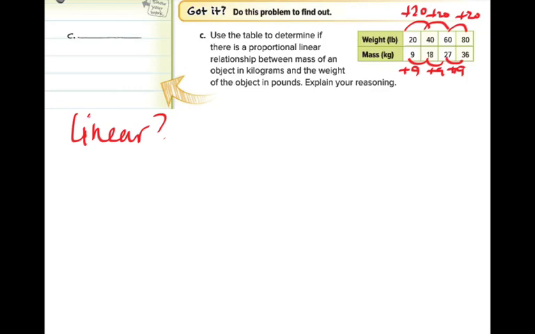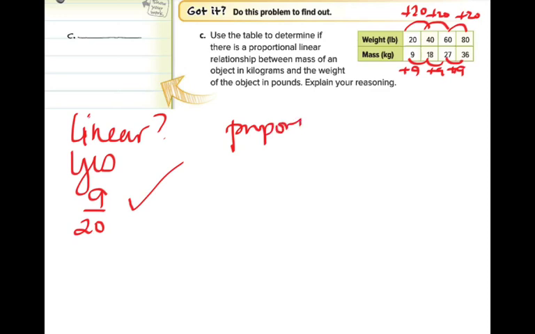Perfect. So now our constant rate of change would be 9 over 20. Right? So we're good there. Proportional. So what we want to look at for proportionals, we want to look at a few of these fractions.